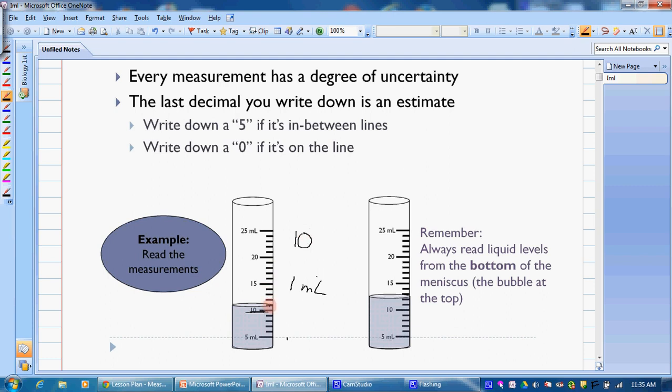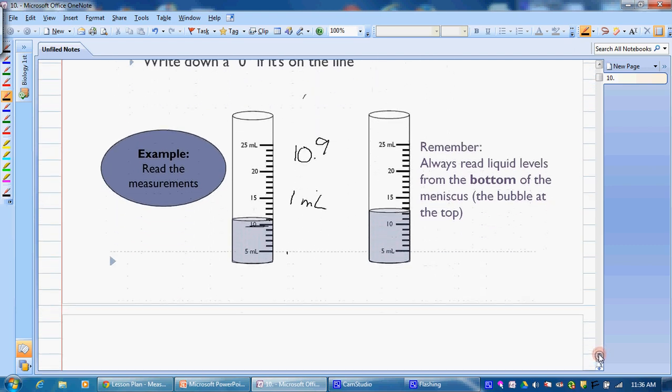It's not quite up to the 11, so we would say 10.9 milliliters. Always read the liquid from the bottom of the meniscus. That's the way it always works.